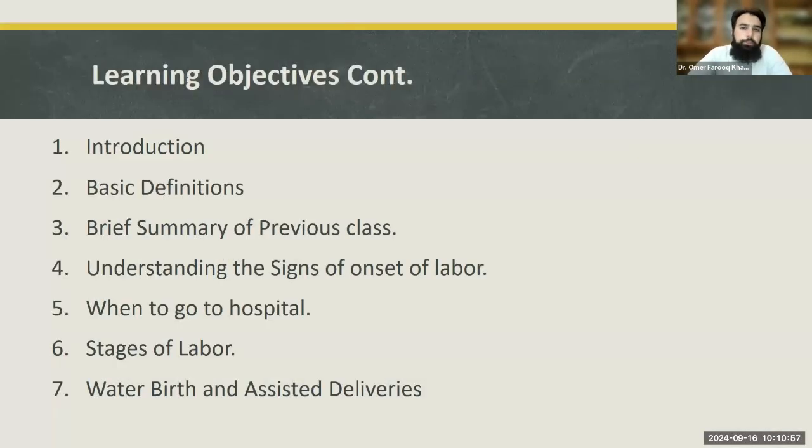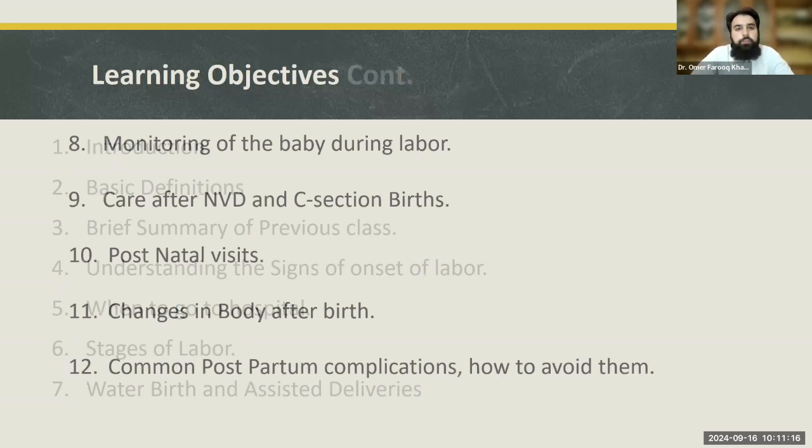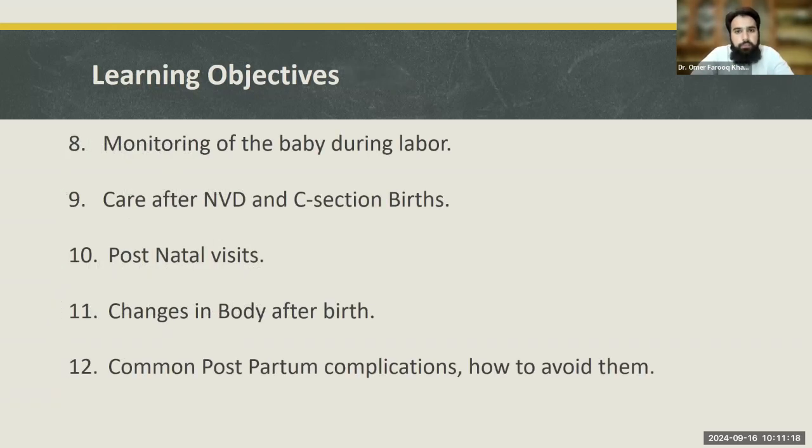So, learning objectives for today's class are introduction, basic definitions, brief summary of previous class, understanding the signs of onset of labor, when to go to hospital, stages of labor, water birth, and assisted deliveries, monitoring of the baby during labor, care after normal vaginal delivery, NVD or SVD, and C-section births.